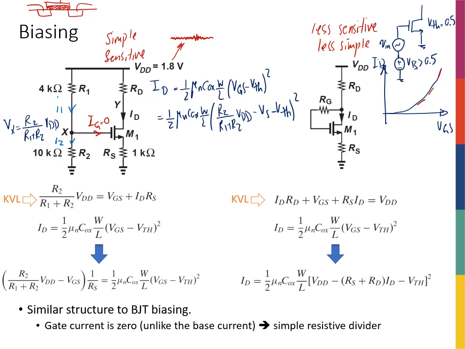It's not a perfect DC, it might go up and down by like 5 millivolts, right? So my VDD might change. My threshold voltage is also temperature dependent, so that might change. Also, some of these might change during fabrication.